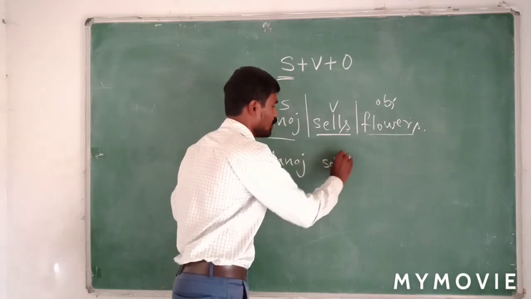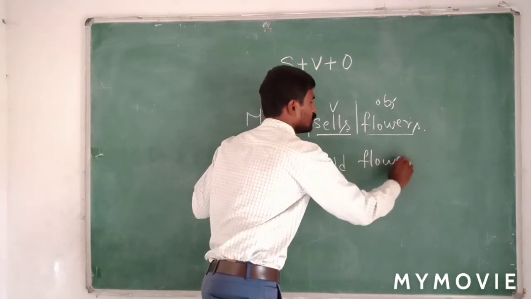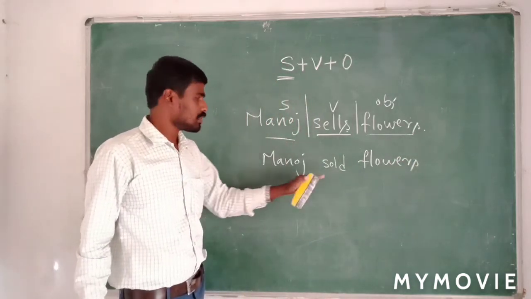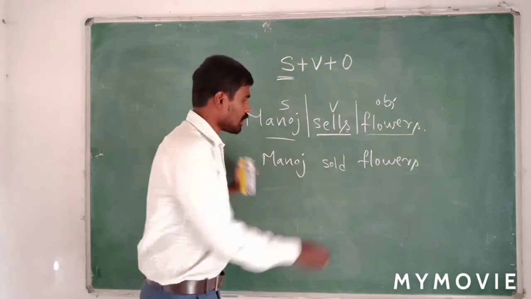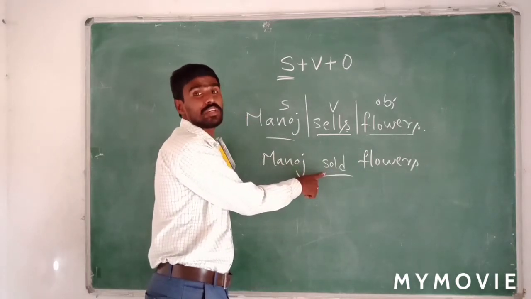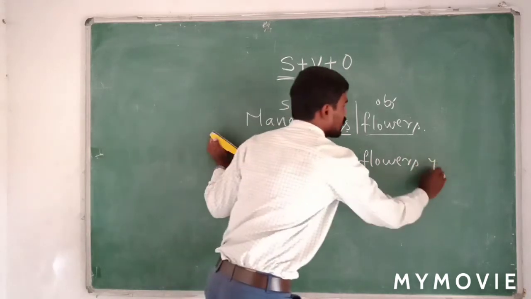Manoj sold flowers. Manoj is the subject, sold is the verb, flowers is the object. Now you can observe the difference, past tense, because we are talking about the action which took place yesterday. Manoj sold flowers yesterday.